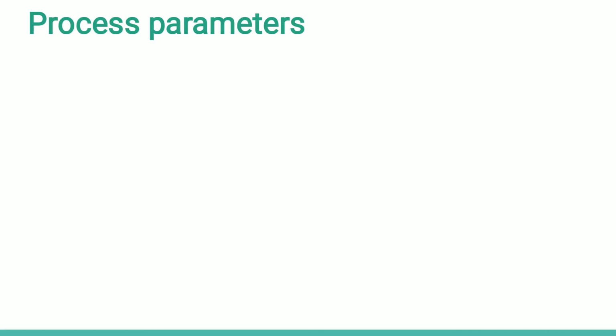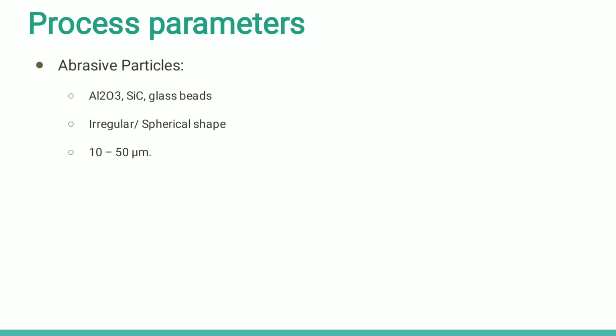Next are the process parameters. The abrasive particles, as we have already seen, are alumina or silicon carbide, or it can be glass beads. The shape of these abrasive particles is random, that is spherical or irregular, in the range of 10 to 15 micron.